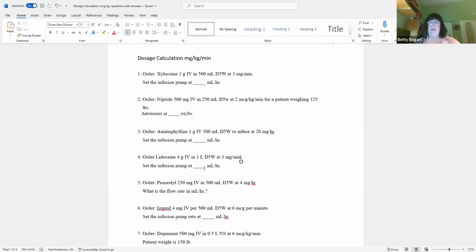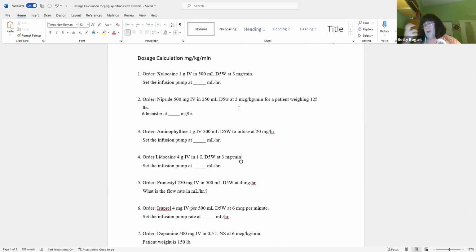Infusion rates, okay. Infusion rates could be mLs per hour, or it could be that you need to give a medication. These medications are usually what we call a drip.